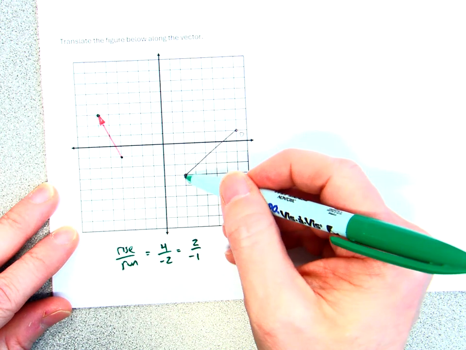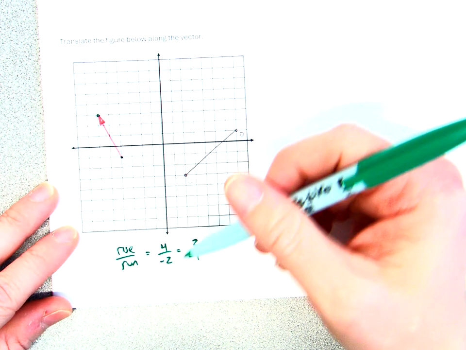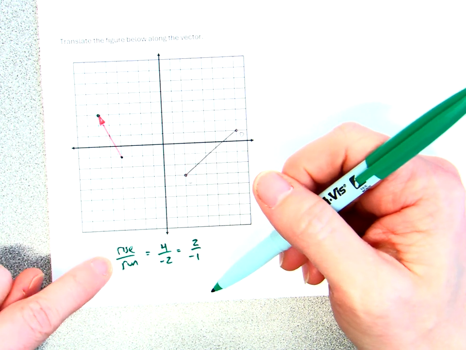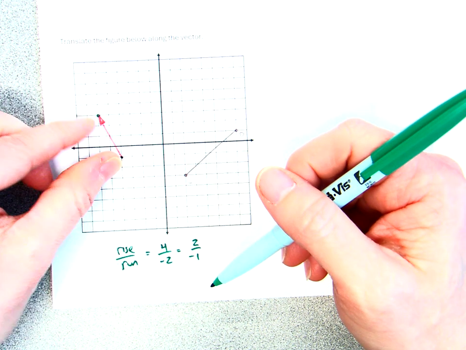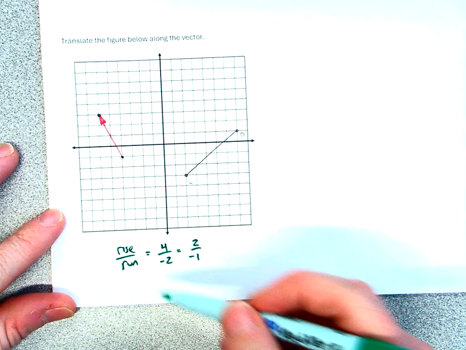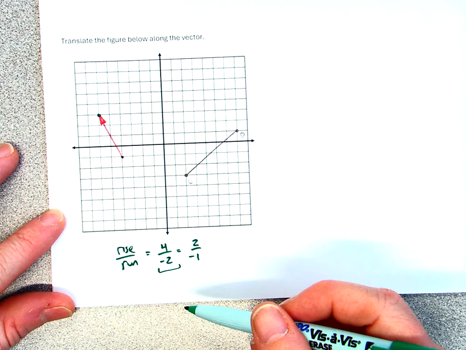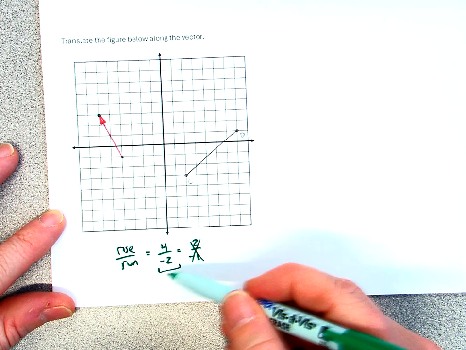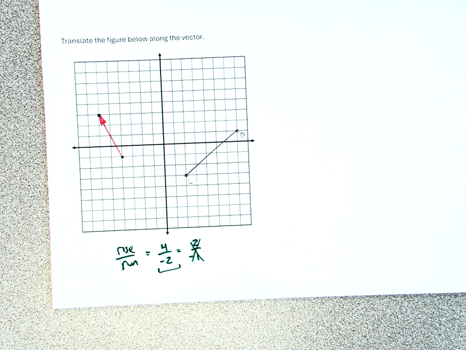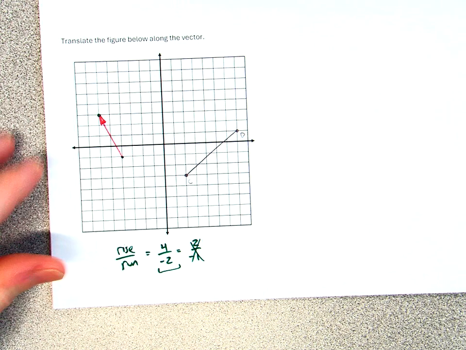So I'm just going to move these up 2 over 1. Now that moves it in the same direction, but remember a vector has a magnitude, a certain distance. So this is the distance that we want to travel. Don't reduce this distance as a rise over run, because reducing it means that we're not going to move it the same distance along that direction.